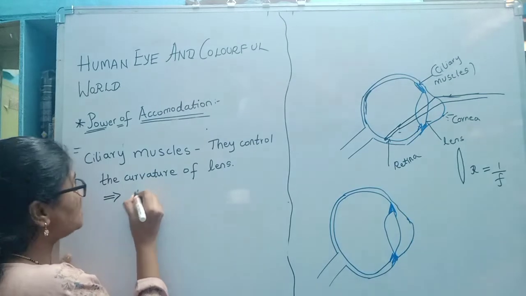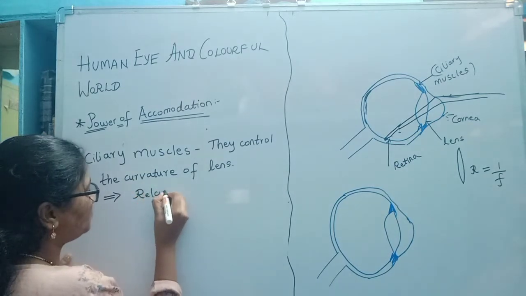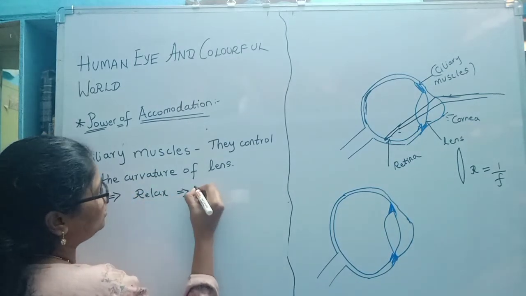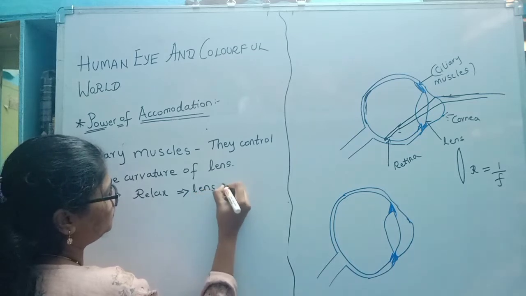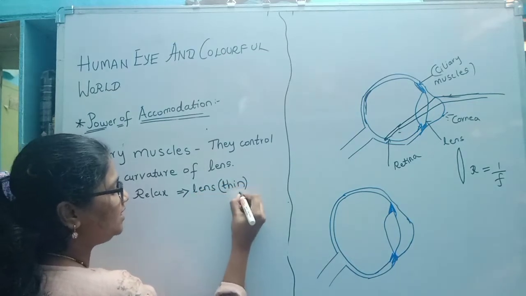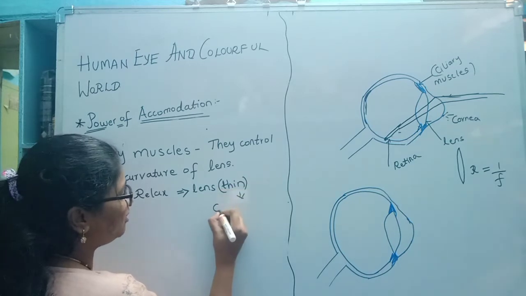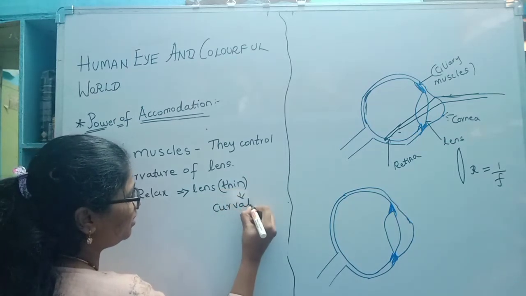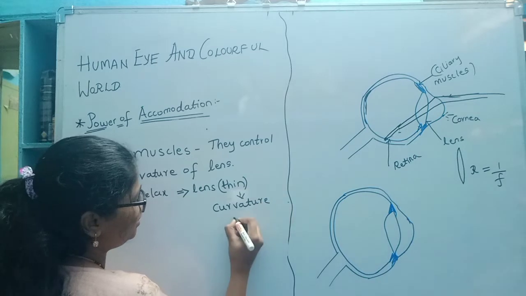When the ciliary muscles relax, the lens becomes thin. When the lens becomes thin, the curvature decreases.